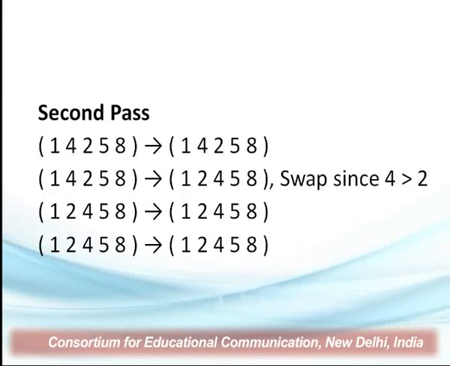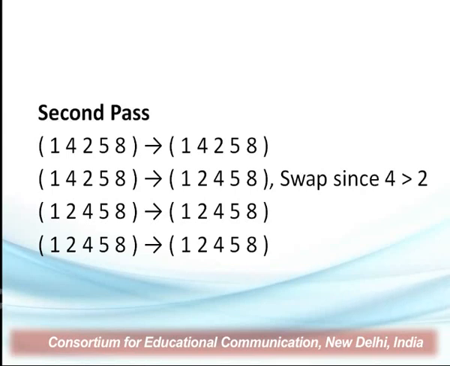Coming to second pass of the technique, 1, 4, 2, 5, 8. So, now the comparison takes place between the elements, and no swapping takes place, as 1 and 4 are in their own respective correct positions.